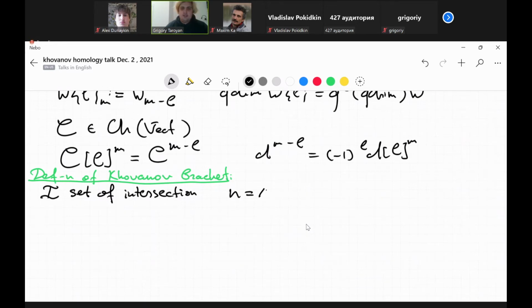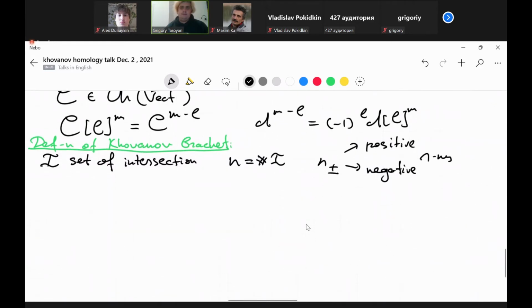Okay, so n is the cardinality of the set of intersections, and n plus and n minus are as above, so those are the positive or negative intersections. And V is actually more than just a vector space of graded dimension q plus q inverse. It is in fact a vector space generated by two specific variables, v plus of degree 1 and v minus of degree minus 1.